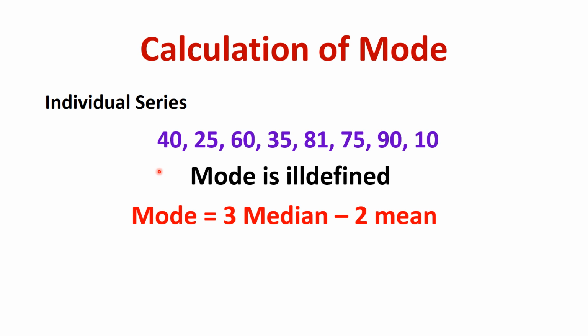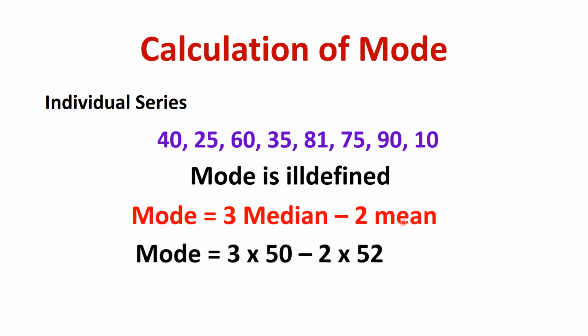We have to find the median by applying the formula of median, that is size of (n plus 1) by 2th item. And we have to find the mean, which is x bar is equal to sigma x by n.